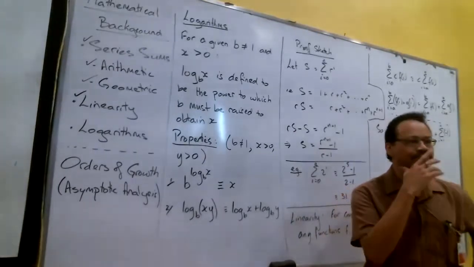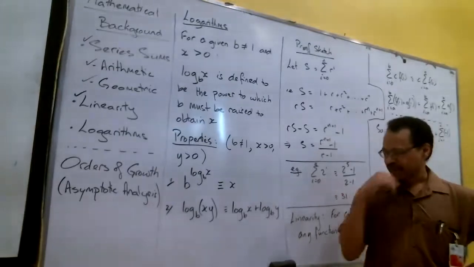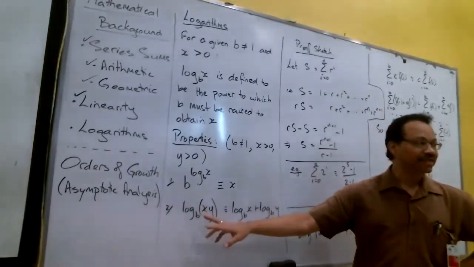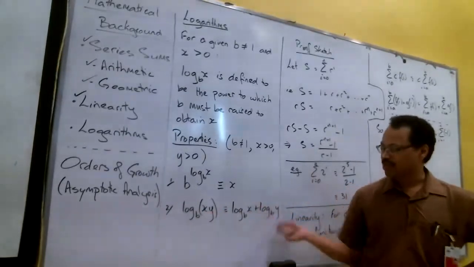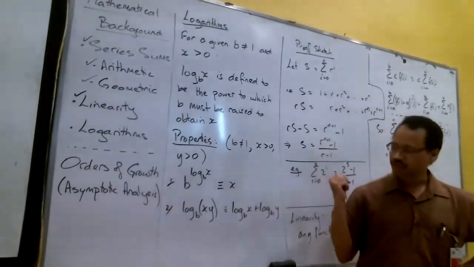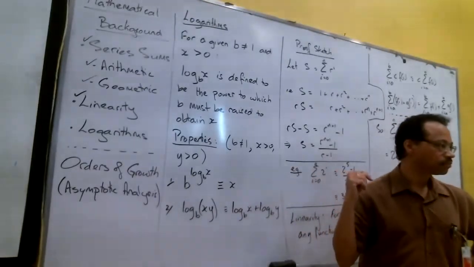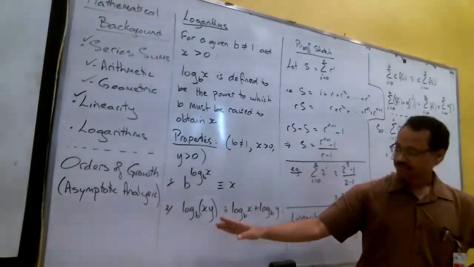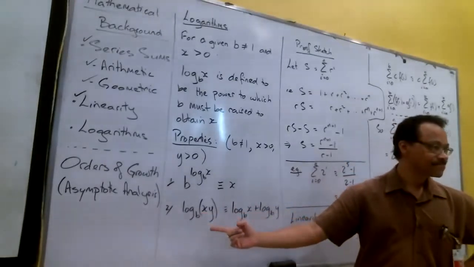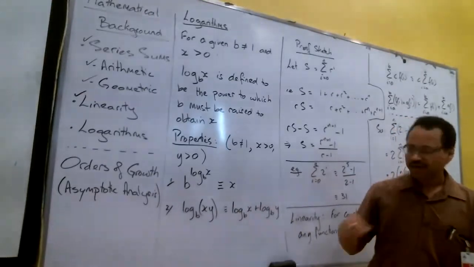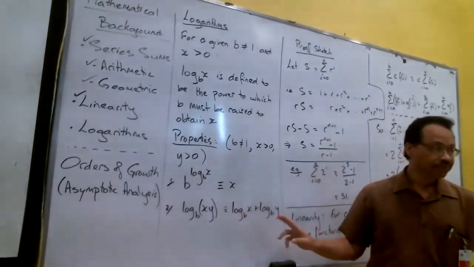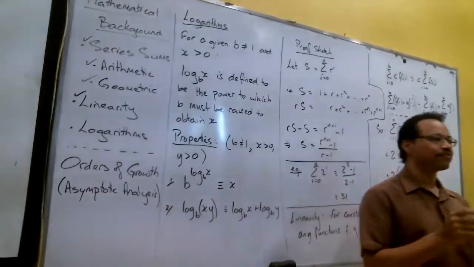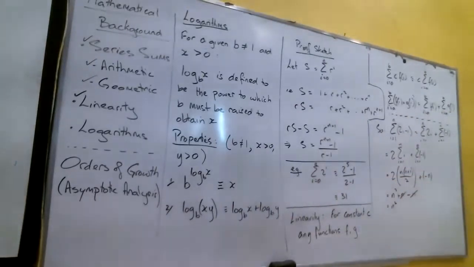All right, let me ask you this. What this is really saying is that if you were to raise b to this power, you're supposed to get xy. Right? That's what that's saying, because that's what log means. So if you raise b to this power, remember indices, when you have sums in the indices, what does that mean?